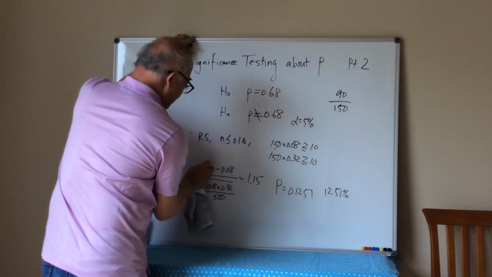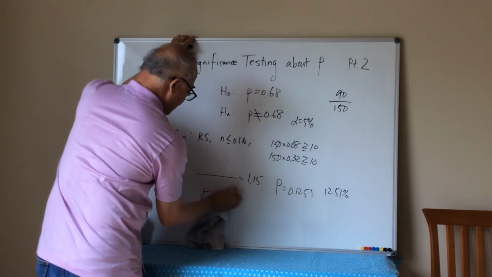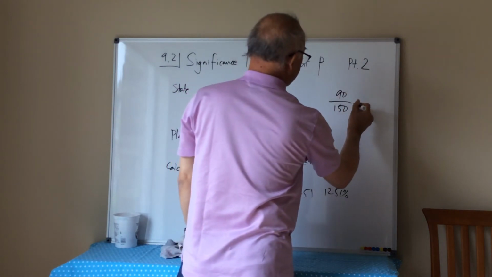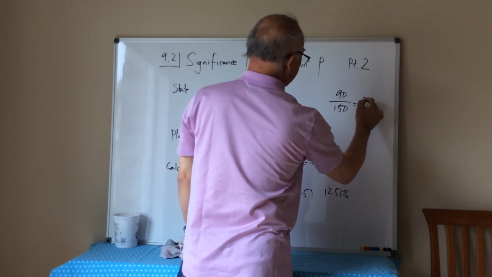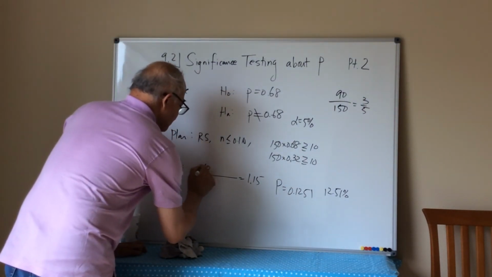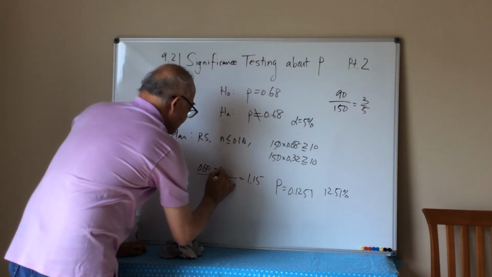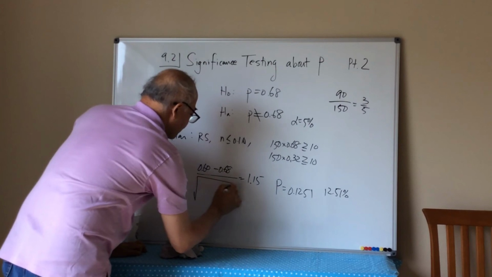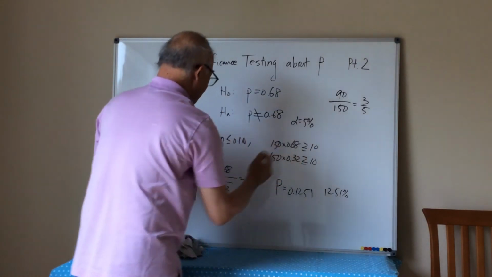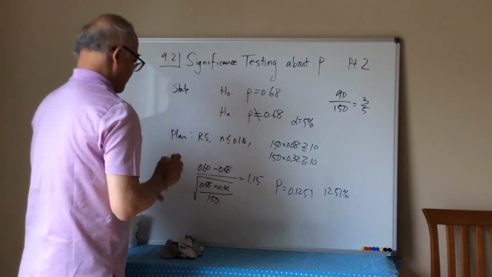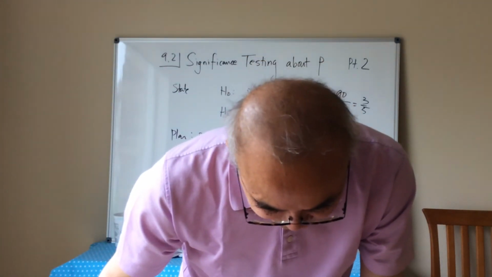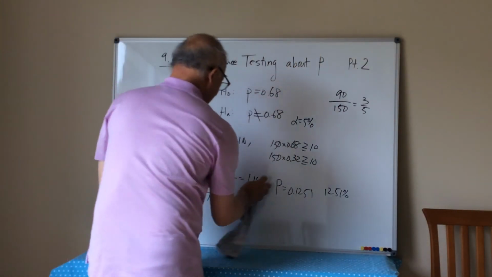The sample proportion here is 90 over 150, which is 0.60. So it's 0.60 minus 0.68, over the square root of 0.68 times 0.32 over our sample size of 150. And if we do that, we get negative 2.1.